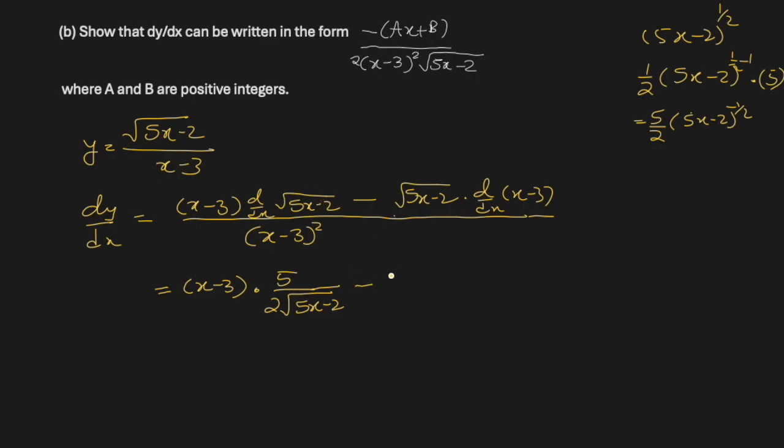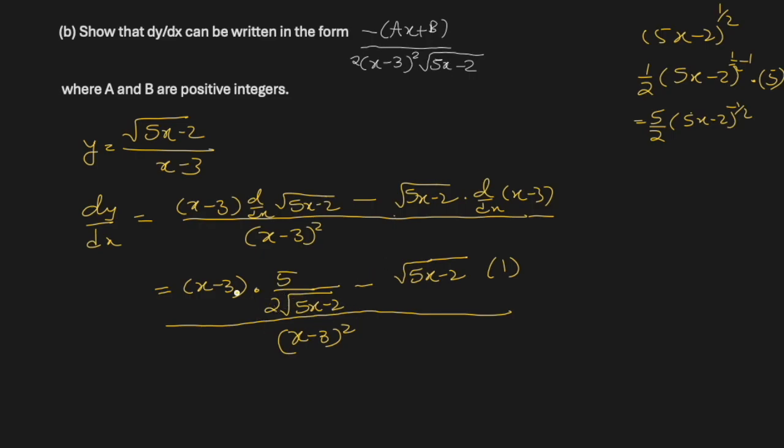And then minus square root 5x minus 2 remains, but the differentiation of x minus 3 is just 1, because the differentiation of minus 3 is 0. And then we divide by x minus 3 squared.